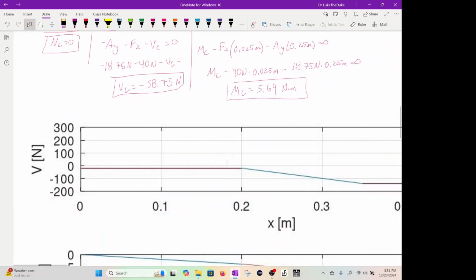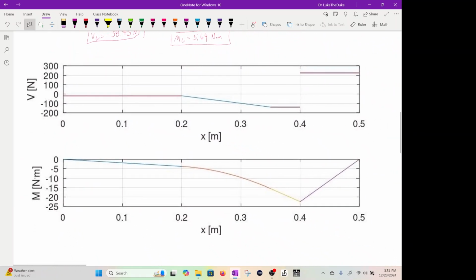Now what I'm going to do is show you how to calculate this, which is your shear and moment diagram. Okay, so shear is at the top as a function of x, and then moment down below. Now if you notice, I believe the maximum moment is negative 22.5, if I recall.